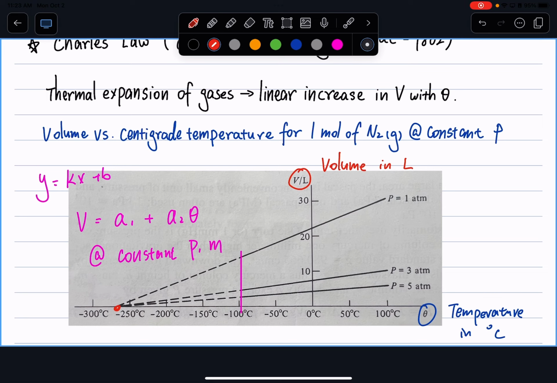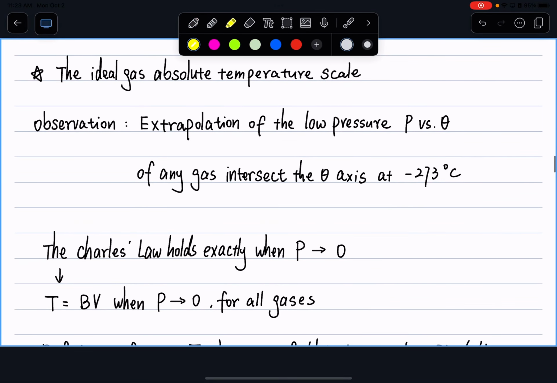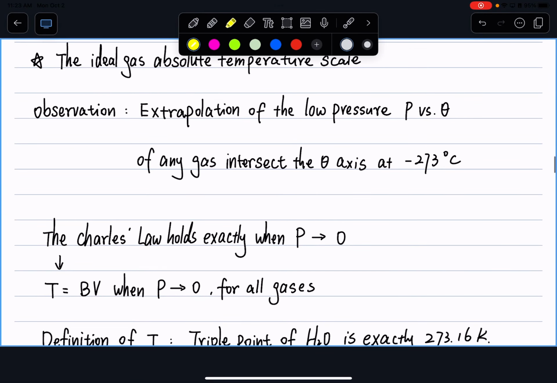All right, so what we're saying is that Charles' law holds exactly when our pressure goes to about 0. And when our pressure is approaching 0, the temperature just equals some constant B times the volume. And yeah, so this is the full text we just talked about. It's actually talking about any gas.